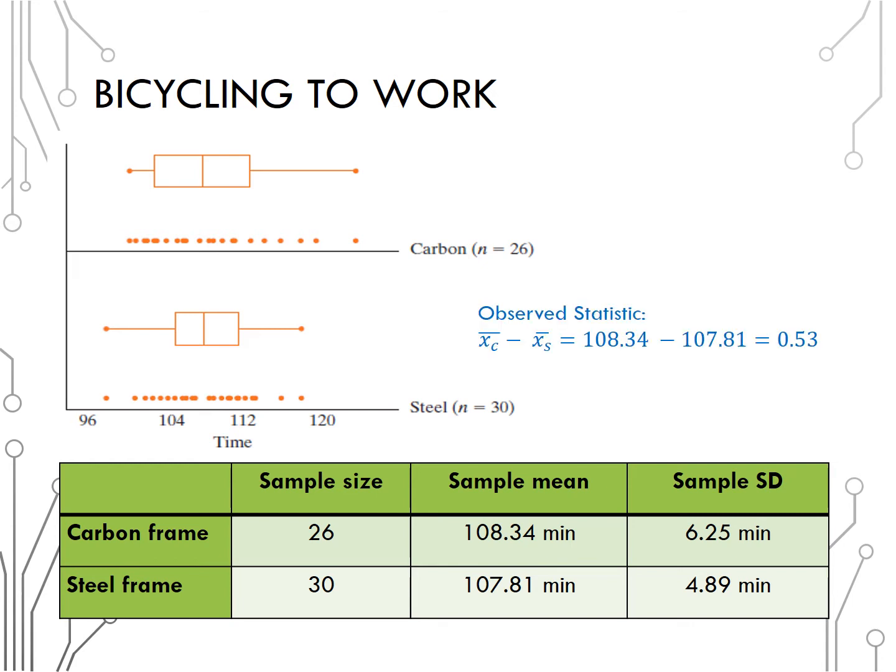Therefore, our observed statistic is x̄_C minus x̄_S, or 108.34 minus 107.81, which is equal to 0.53 minutes. You absolutely could reverse this order of subtraction. You just have to be consistent with the order of subtraction throughout the problem.